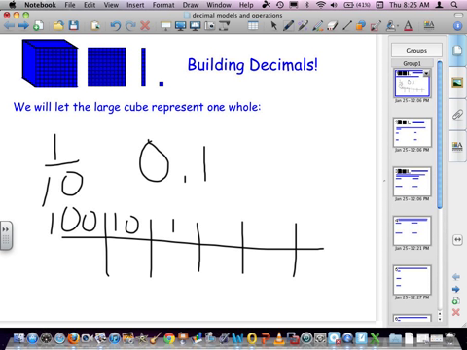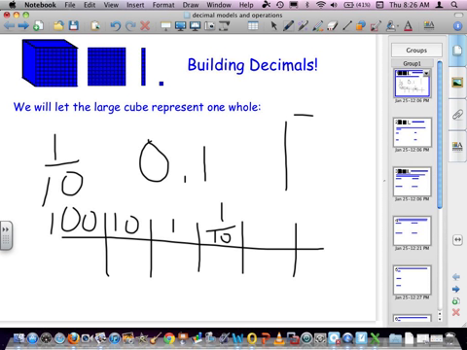Now, if I'm going the other way, the same is true. So, 1 of these makes 10 of those. 1 of these makes 10 of those. If I cut 1 into 10 little pieces, each one of those represents 1/10. If I cut those into 10 little pieces, I'm taking 1/10 of 1/10, right?